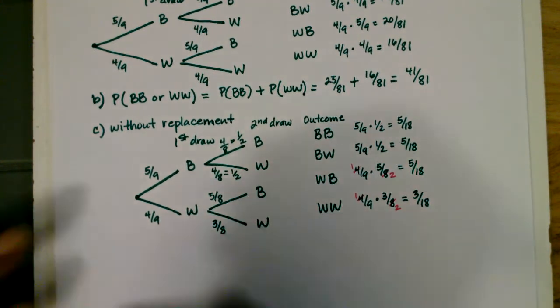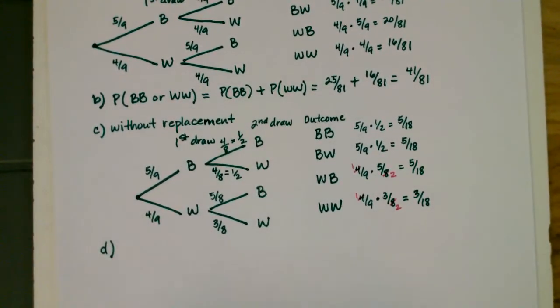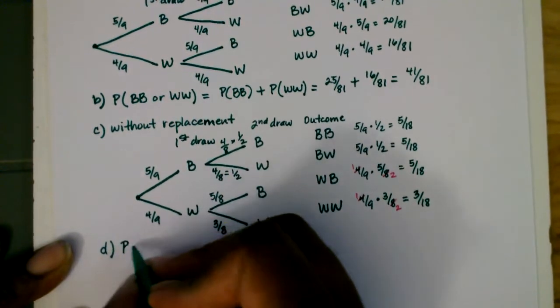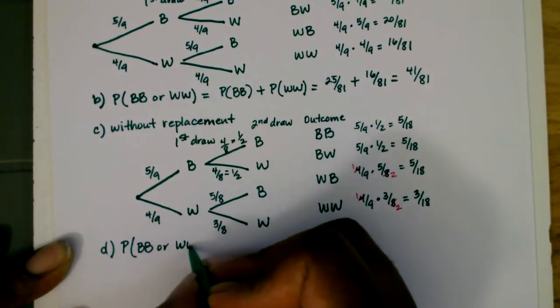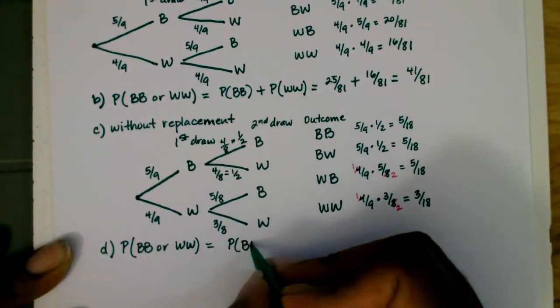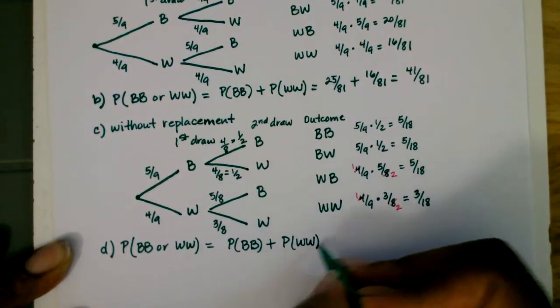And we'll use that to answer part D. That's to find the probability of the event that the 2 balls are of the same color. So that means the probability of selecting 2 black balls or 2 white balls. That's going to be adding the probability of 2 black balls plus the probability of 2 white balls.